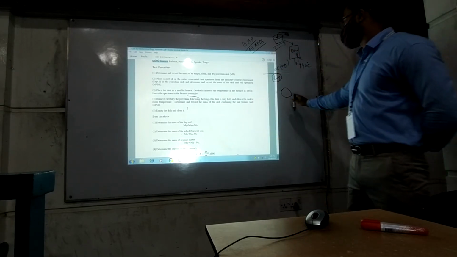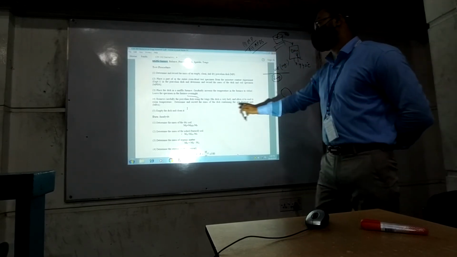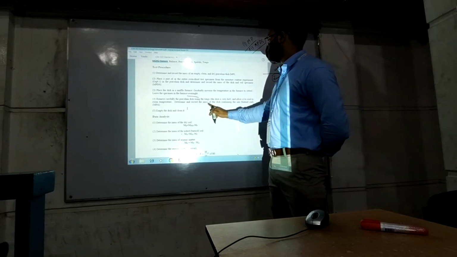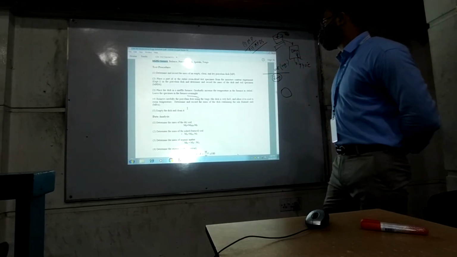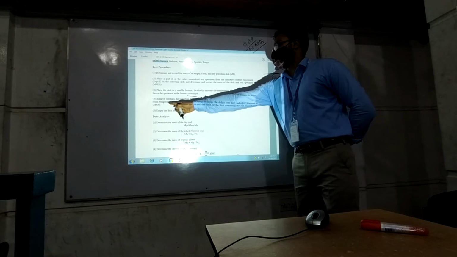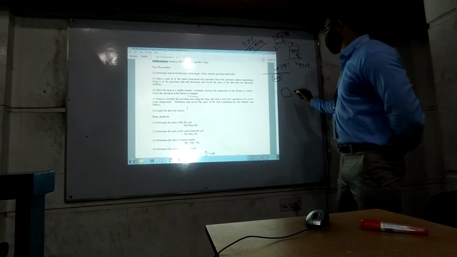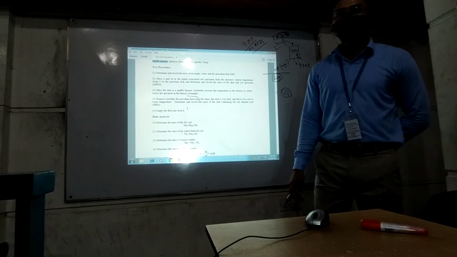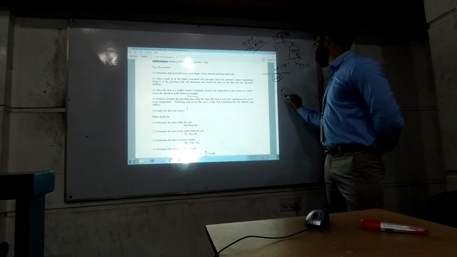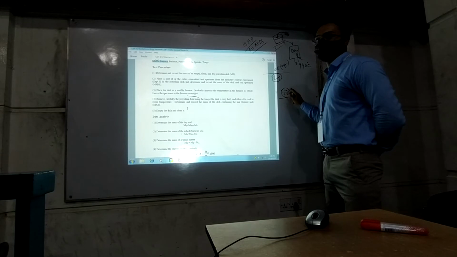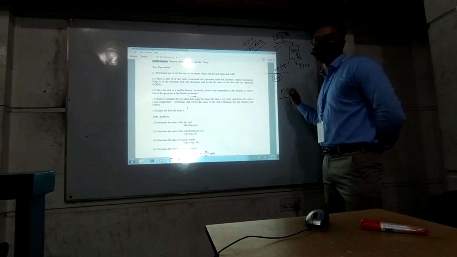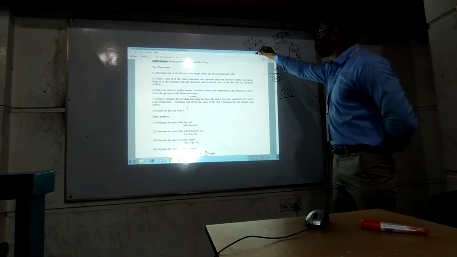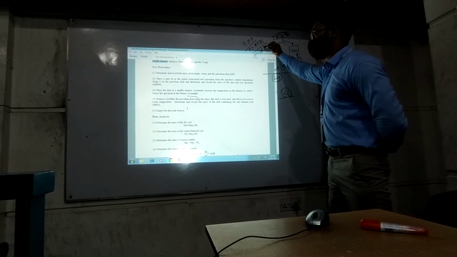After it becomes cool, what should we do? Determine and record the mass of the dish containing the ash, MPA. So now this soil sample has become ash. We have to take another reading with the dish, not the ash alone. This reading is called MPA.